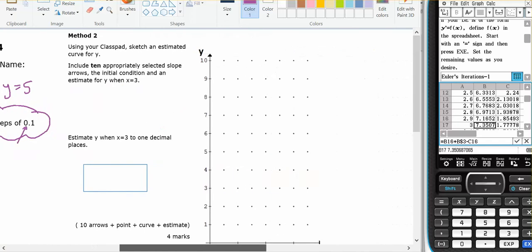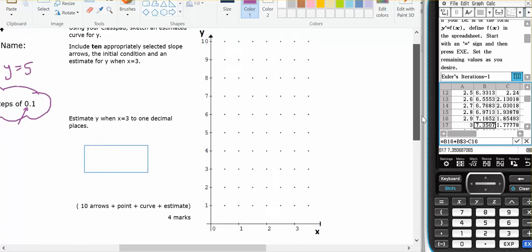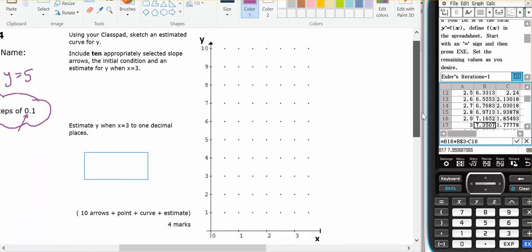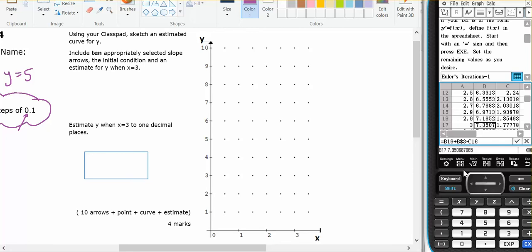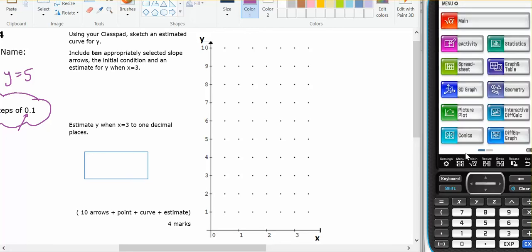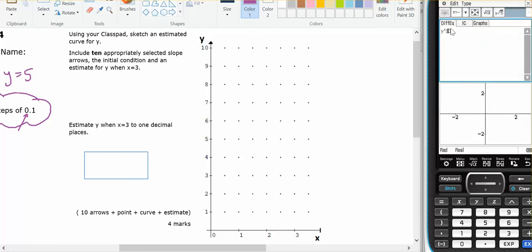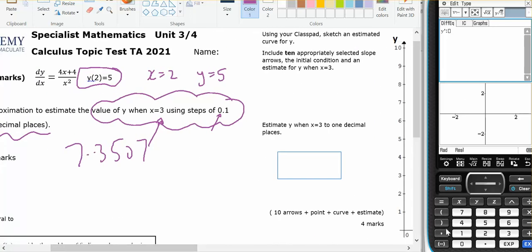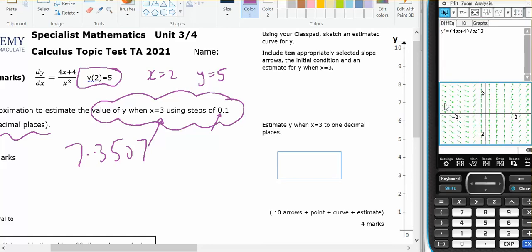The second method asks you to consider slope fields and to use the calculator. So if I use slope fields, I come back to menu, I come into difference equations, I come to y dash, and y dash in this case is 4x plus 4 divided by x squared. And that gives me that.